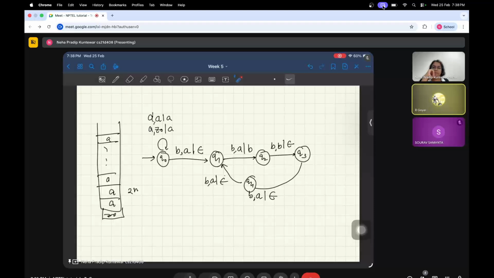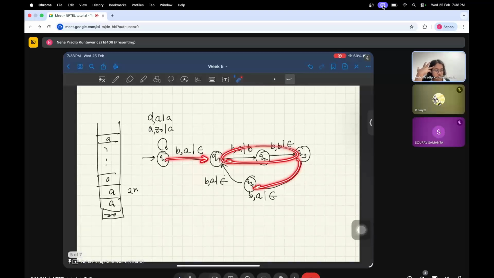One, two, three, four, and five. That is because you made this transition here. So appropriately we will have to choose Q4 instead of Q1, because at Q4 you are making three changes. This is the first change, this is the second change, this is the third change. So whatever transition happens will happen from Q4.